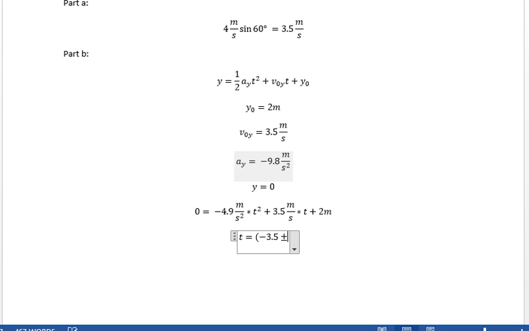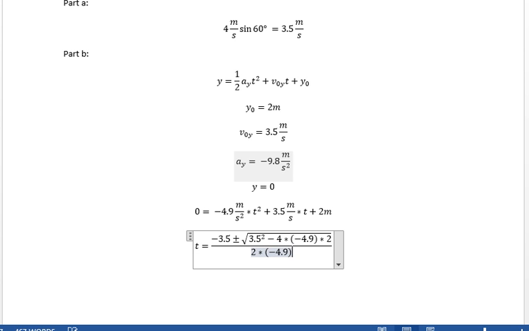I'm going to leave off the units right now just because that would make it cumbersome, plus or minus the square root of b squared, 3.5 squared, minus 4 times a, which is minus 4.9, times c, which is 2, all divided by 2a, which is 2 times minus 4.9.